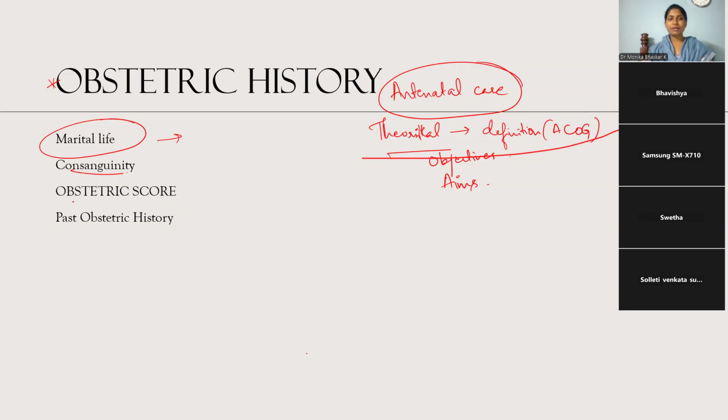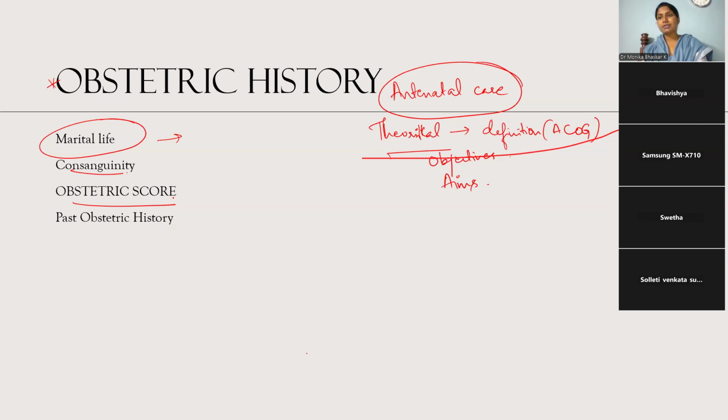And next, as we have already told about obstetric score, so gravida. Whenever you present in exams, don't say G2 P1 L1 or G3 P2 L1 D1. You say gravida 2 para 1 living 1. It holds a better view when compared to saying G2, P2 and all.